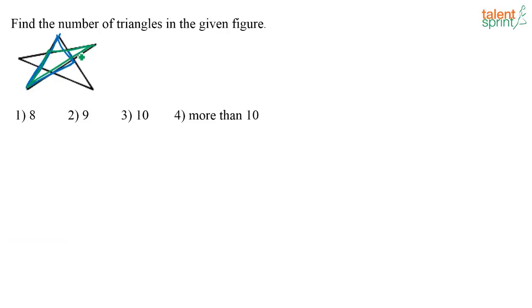Like that, for all the corners you can make them. So totally you will have 10 triangles, 5 smaller and 5 bigger. Everybody got 10, right? Shall we move on? The correct answer here is option 3, that is 10.